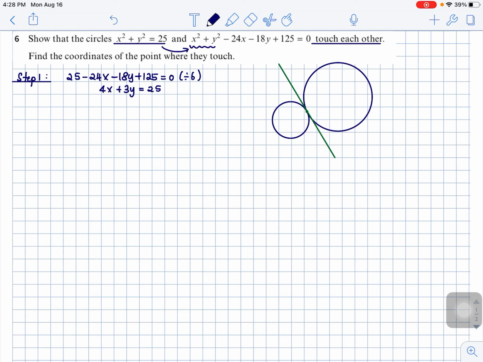So you have to prove it is true for the first circle and it is also true for the second circle. So you rearrange, you will get y equals to, and you're going to substitute that into the first circle.